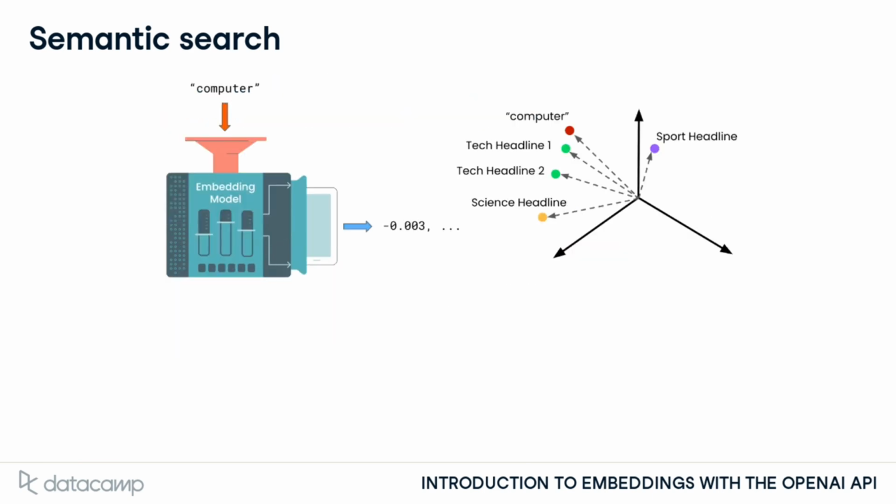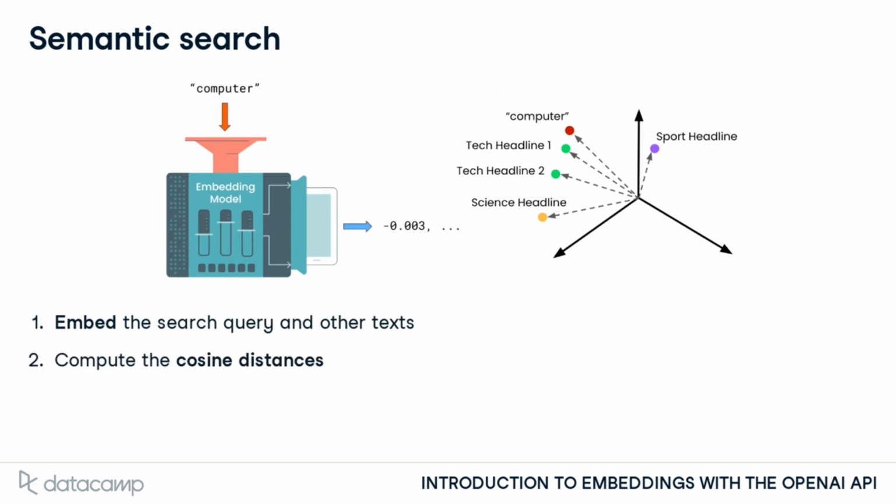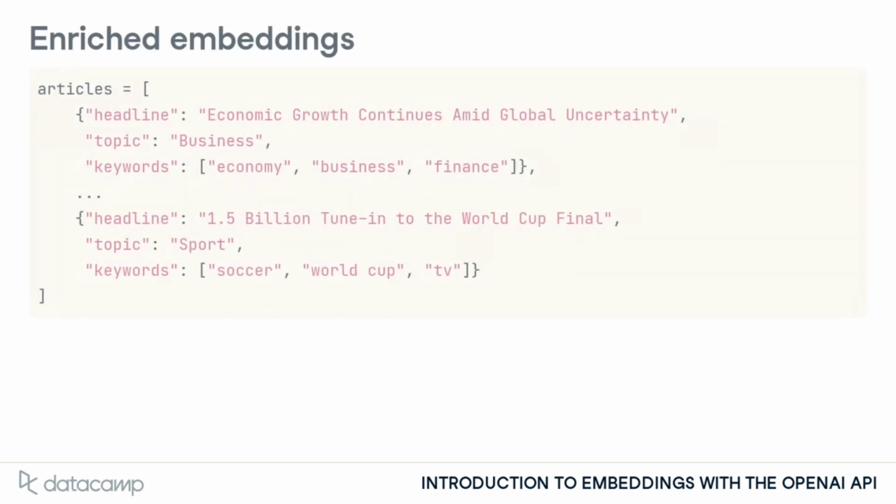There are 3 steps to semantic search: embed the search query and text to compare against, compute the cosine distances between the embedded search query and other embedded text, and finally, extract the text with the smallest cosine distance. Let's implement this semantic article search using the OpenAI API and Python.